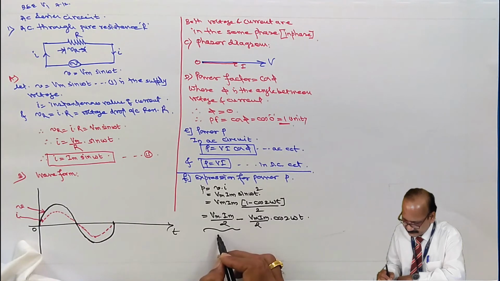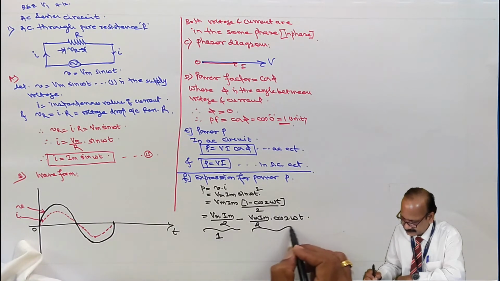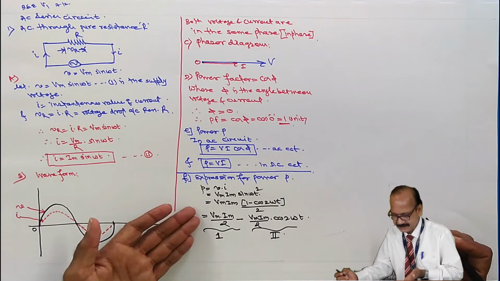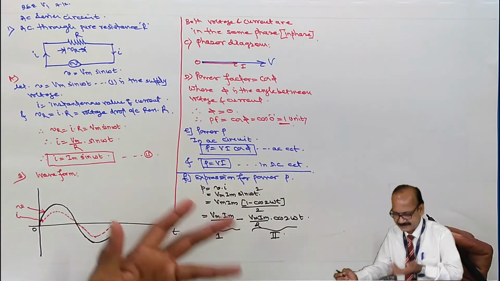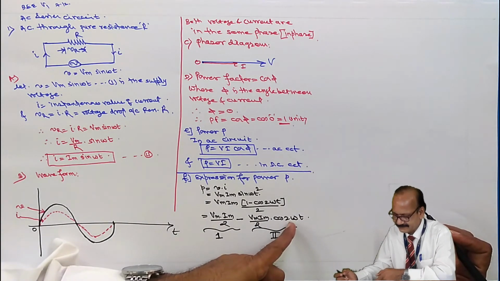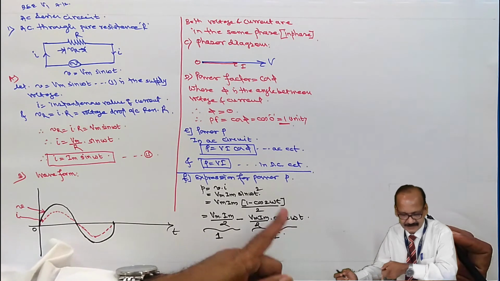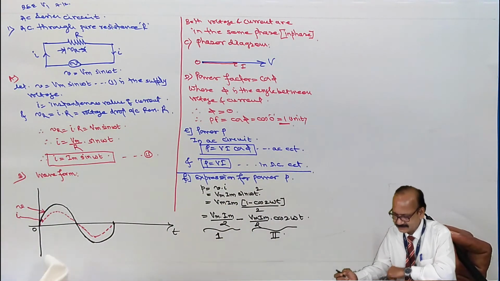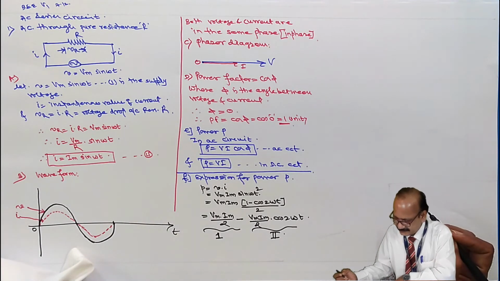Now this is part 1 and this is part 2. The first part is fixed. It does not vary with time. There is no time quantity. Whereas the second part has double the frequency, twice omega t, as compared to voltage and current, which have a single sin omega t.